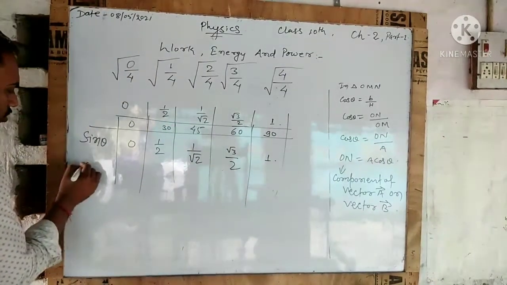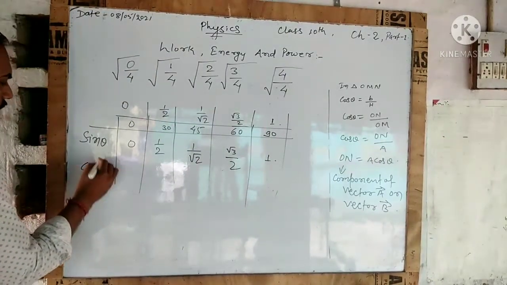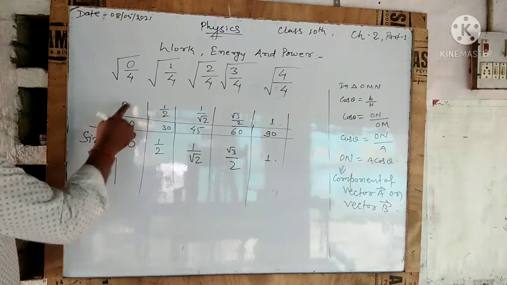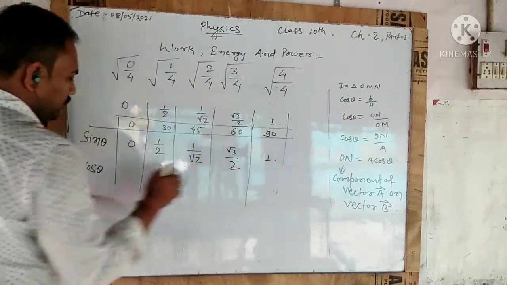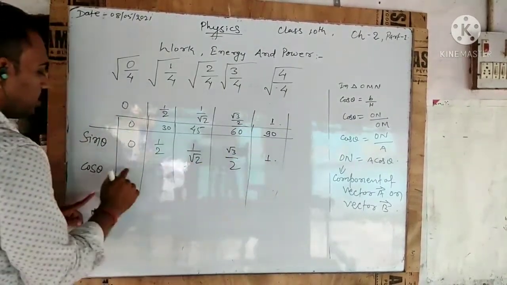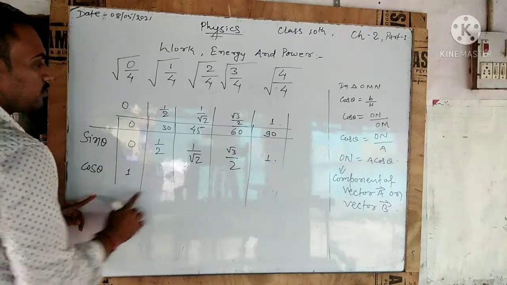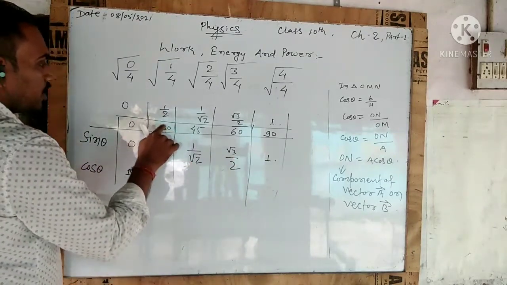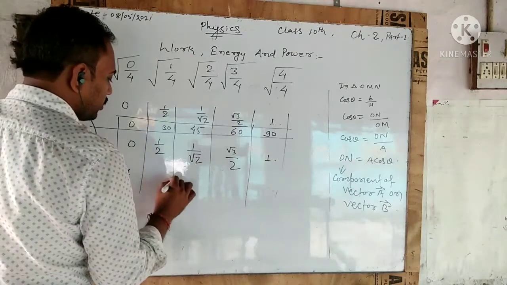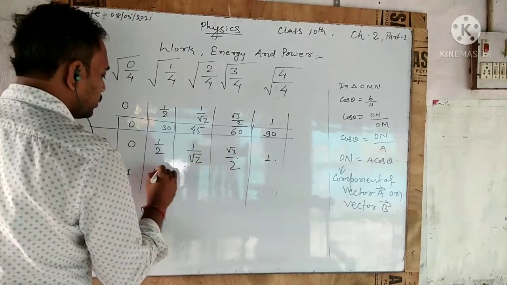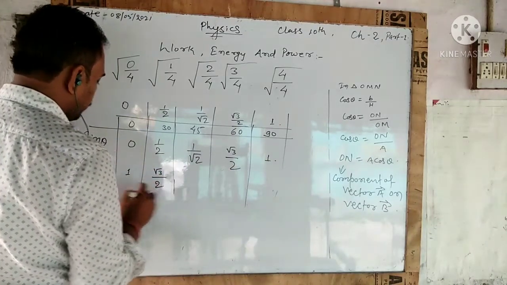You just have to reverse it for cos theta. Cos 0 is 1, just reversed. Cos 30 is the same as sine 60, that is root 3 upon 2.